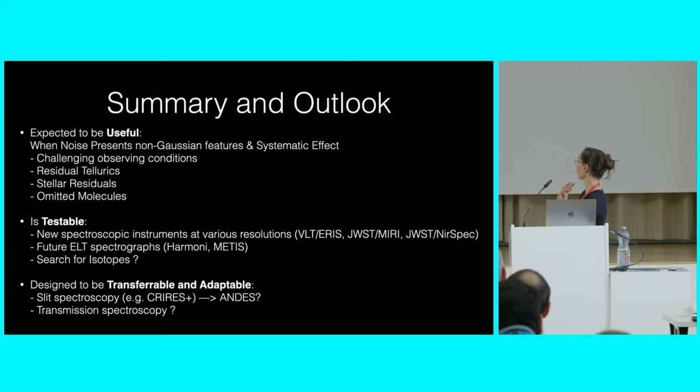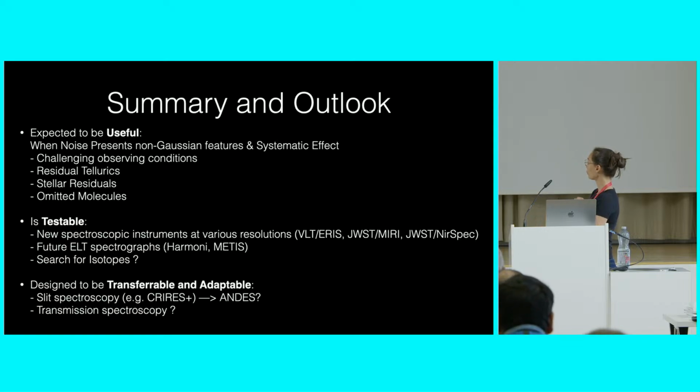Yes, so those are various situations where you could get some non-Gaussian features in your data. The method has been built and is testable now for IRIS and MIRI, and we have some data. We're still working on it; most of the team went on holiday, so I could not finish this for the presentation. We're going to try this on ground-based higher resolutions, and we also had a few discussions with people from the HARMONI and METIS teams who are interested in testing this.